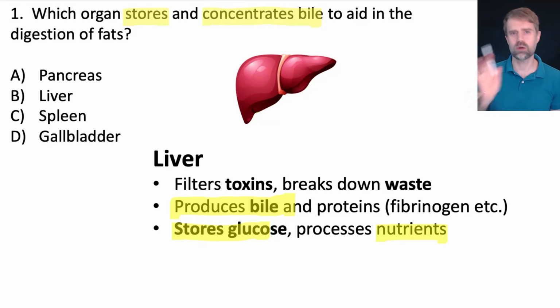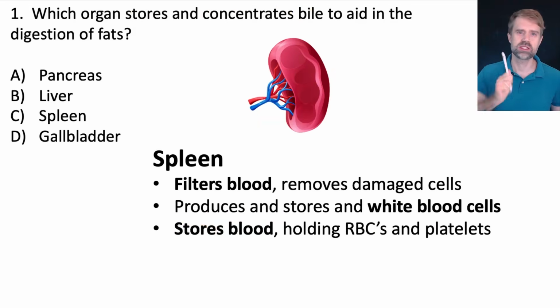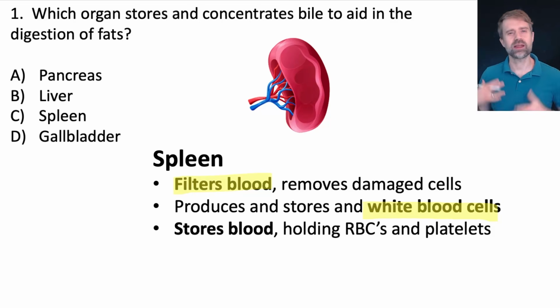So before we choose B for liver, let's keep going down this list of the different jobs of the organs. What does the spleen do? The spleen does a couple things. It filters blood, removing damaged cells. It produces and stores white blood cells, and it's kind of a reservoir for blood.